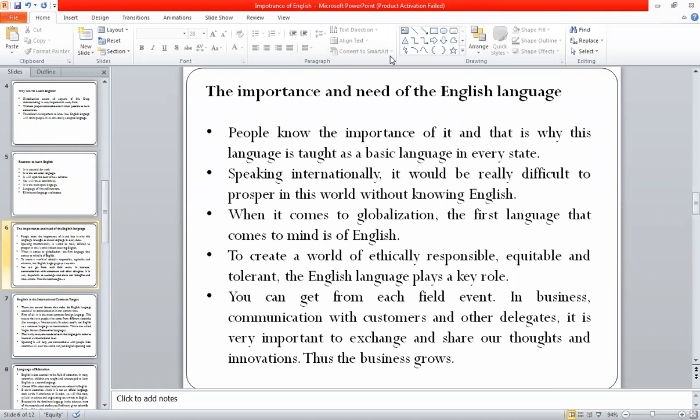And if we need information from the internet in our own language, we have to use a translator, but it becomes a very lengthy and difficult job. So it is better to learn English itself, or use the English language as the medium of education.